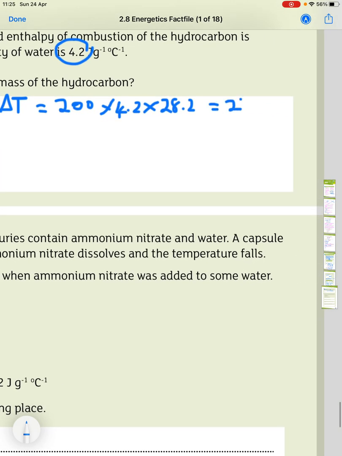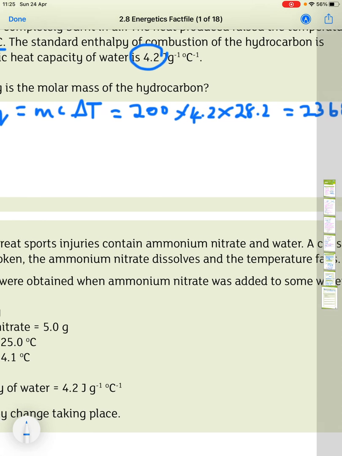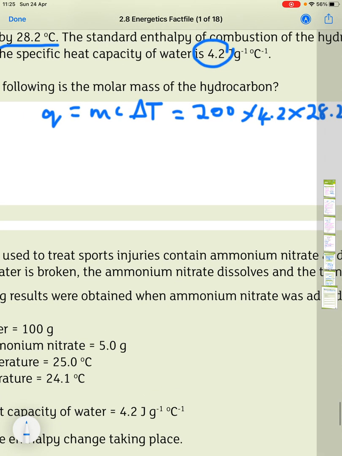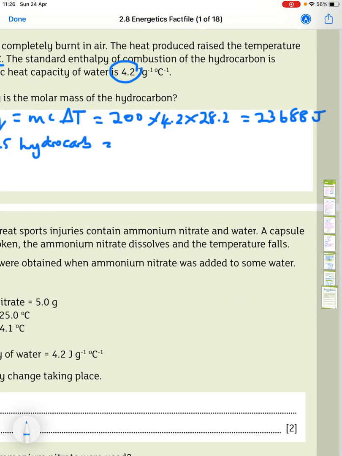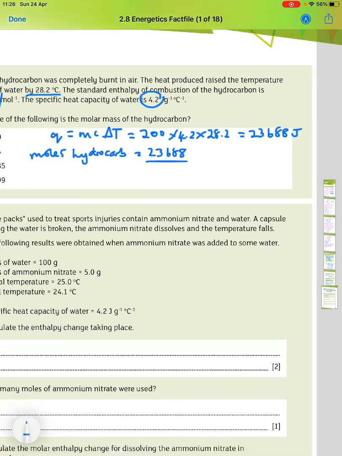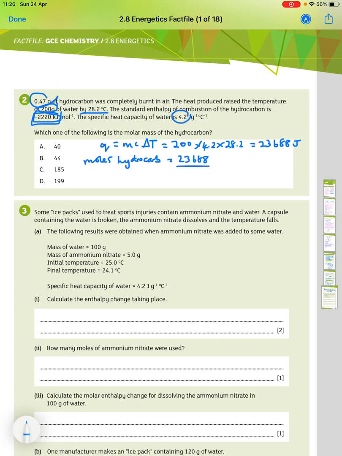And that gives us 23,688 joules. So then we want to know the number of moles of the hydrocarbon. So that is the number we just worked out, the 23,688, divided then by this number.